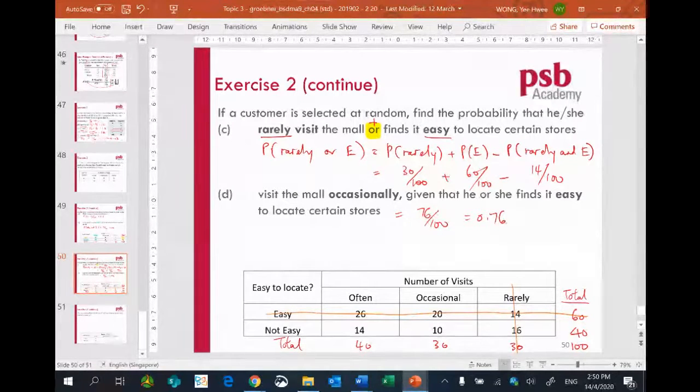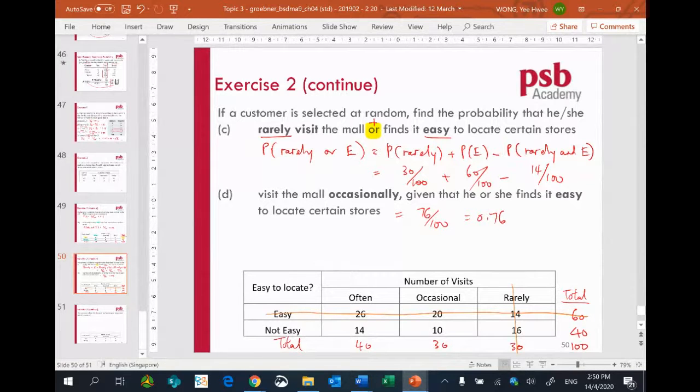Okay, D. Take note of the keyword given that. What is given that? Given that is if. If what? If easy. And which one you going to look at for easy? Occasional. Okay, I just put this occasional.